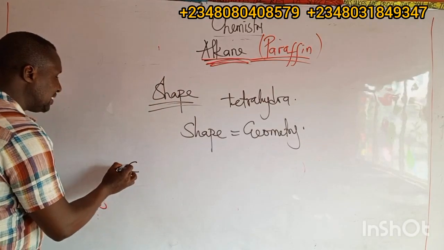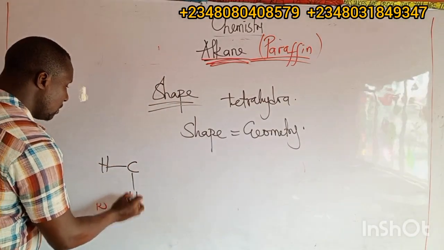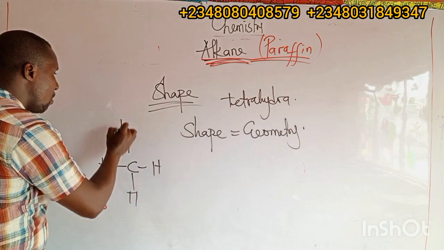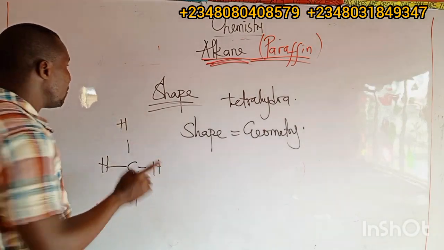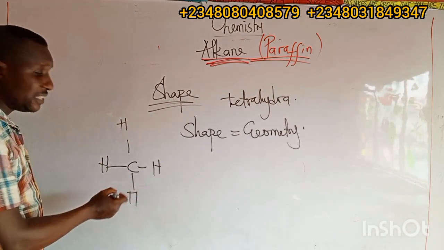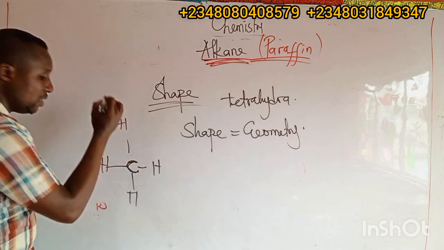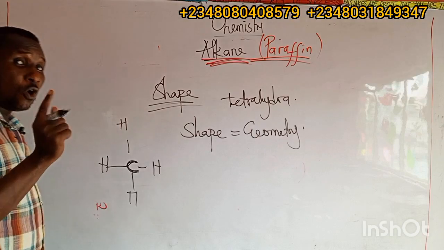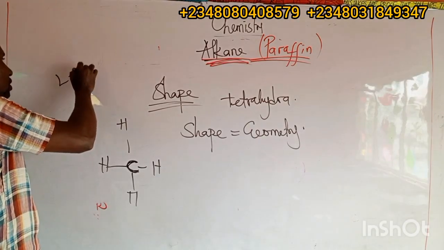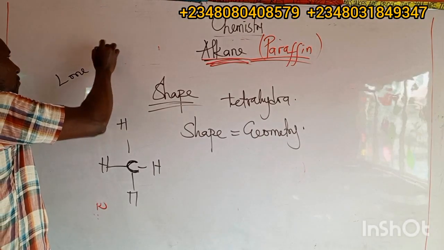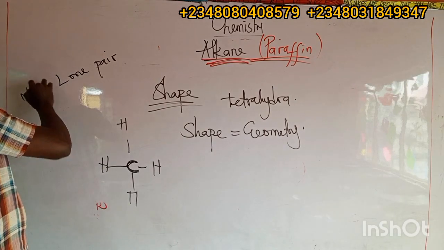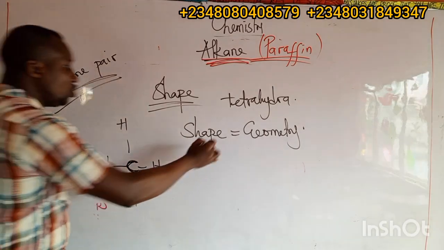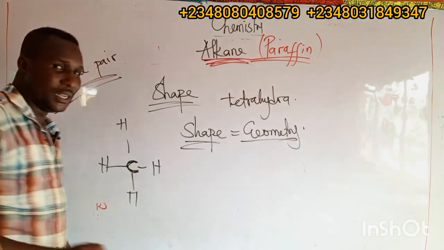Whenever you have a central atom without any lone pair of electron, which one is the central atom here? Carbon. Carbon is the central atom. Whenever you have a central atom with no lone pair of electron, the shape will be the same thing as our geometry.